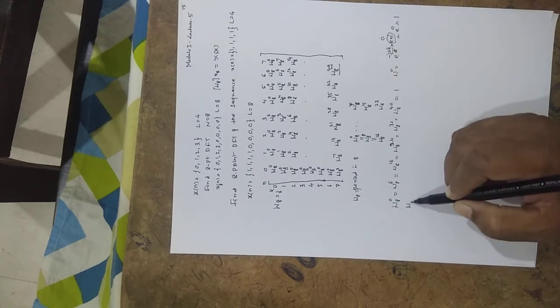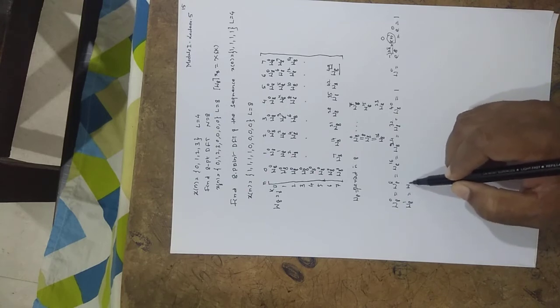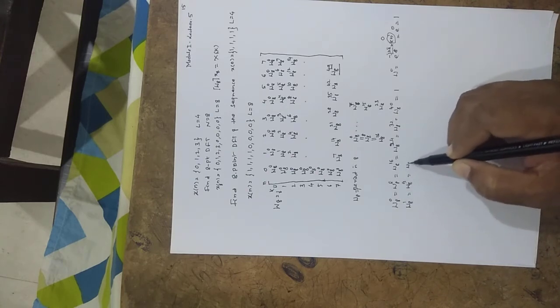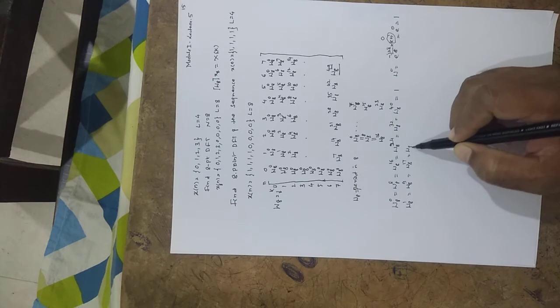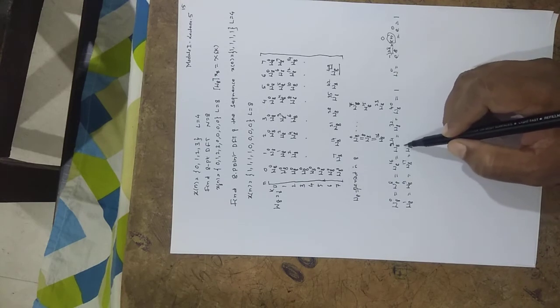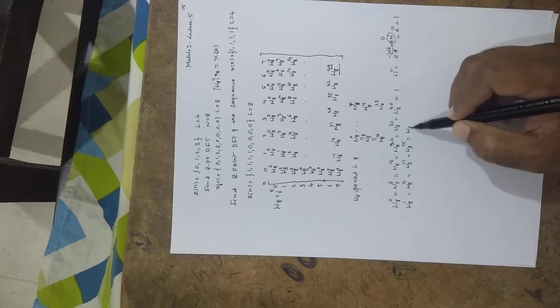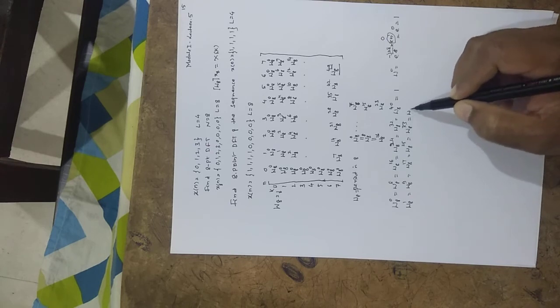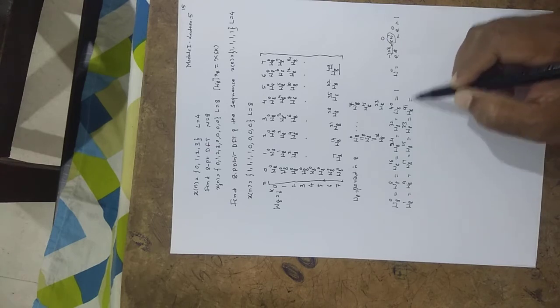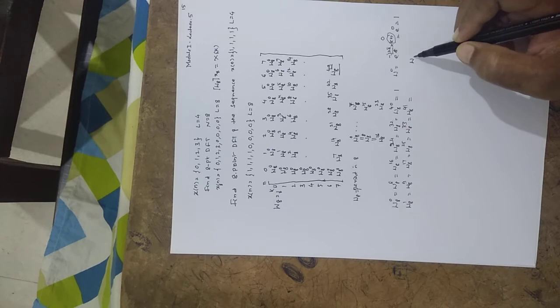Similarly, write the values for W8 raised to 1, equal to W8 raised to 9, 17, 25, 33, 41. Find the value of W8 raised to 1.